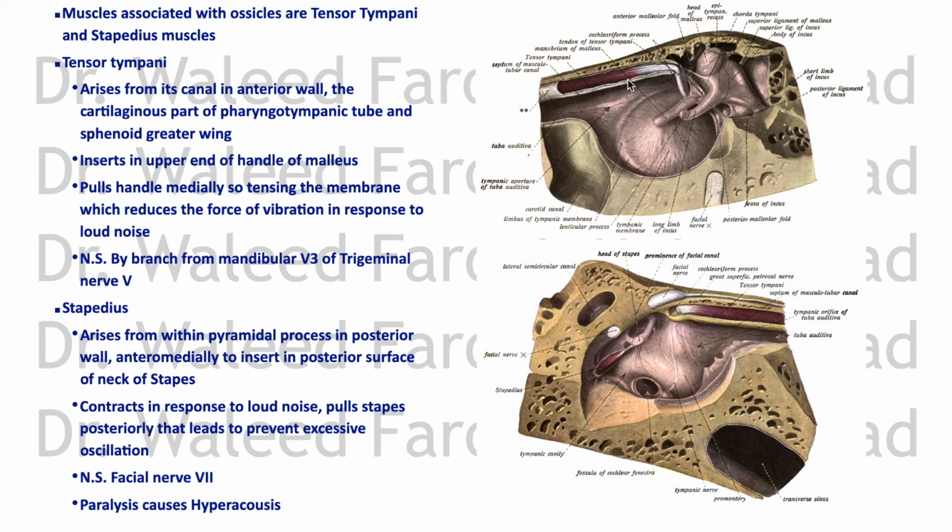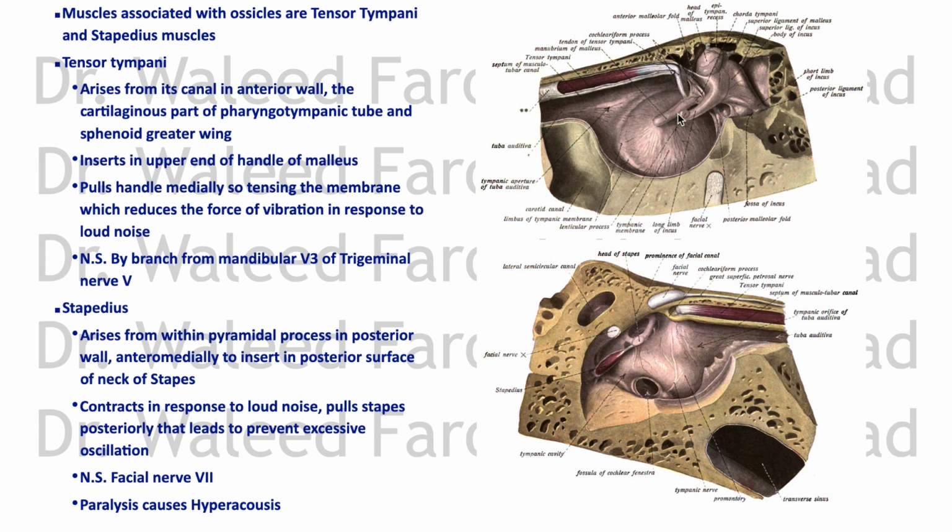Okay, so it looks like this muscle will damp down any excess vibrations delivered to the eardrum to prevent injury to the eardrum. The same principle applies with the stapes.